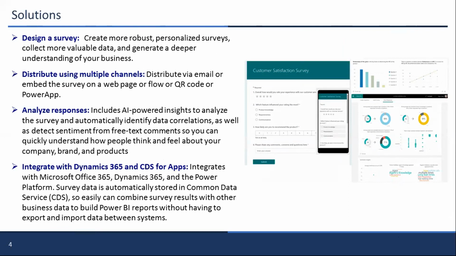There are multiple options. You could use the inbuilt email capability, or you can embed the survey, or using Microsoft Flow, you can automate and send the survey link to the customers. It also supports QR codes, and we can also embed this survey in a Canvas app as well as a model-driven app.